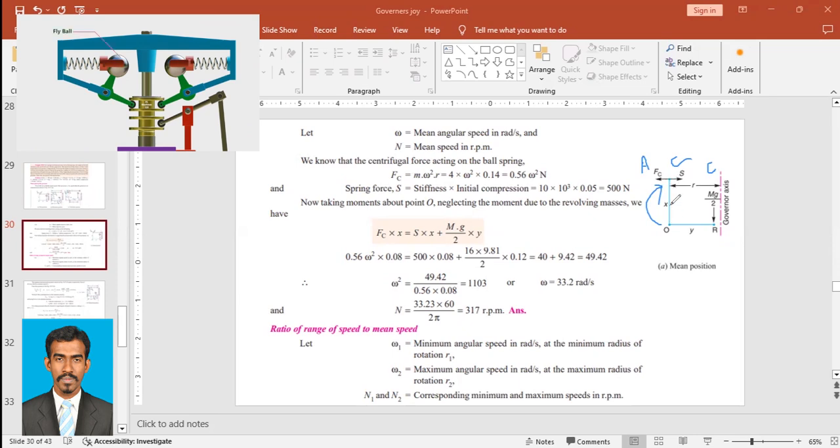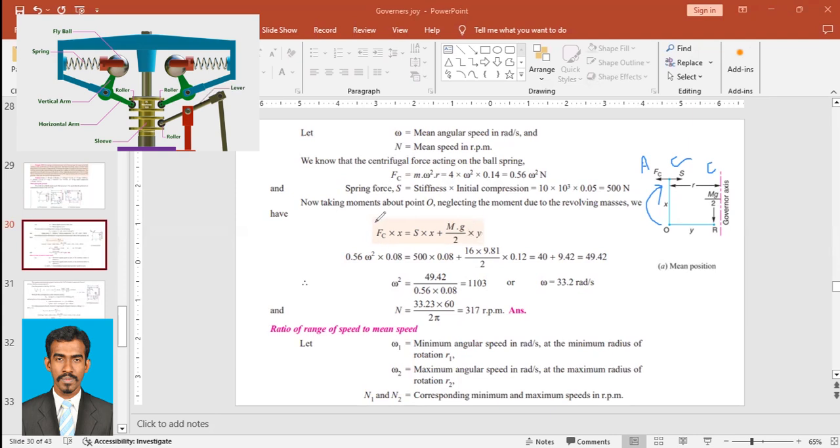So Fc into x is equal to S, which is in the clockwise direction, into the same distance x, plus mg by 2 is acting here, and the distance for that is y. So mg by 2 into y.